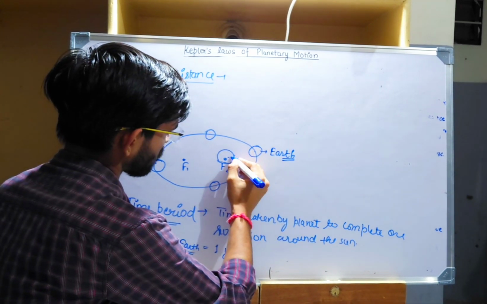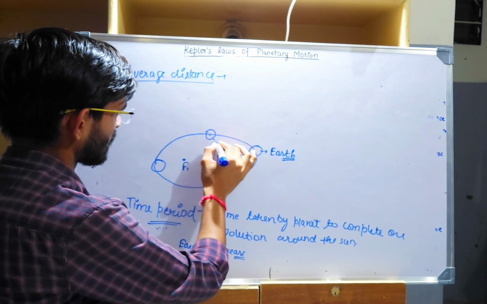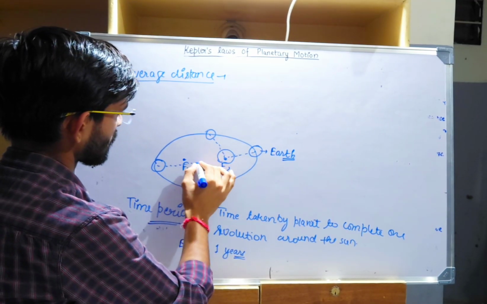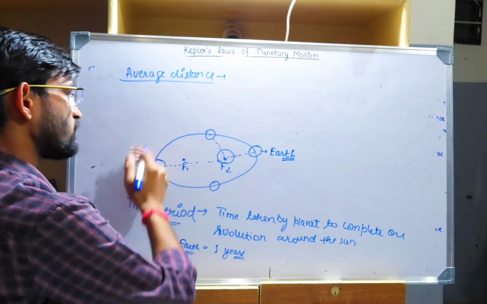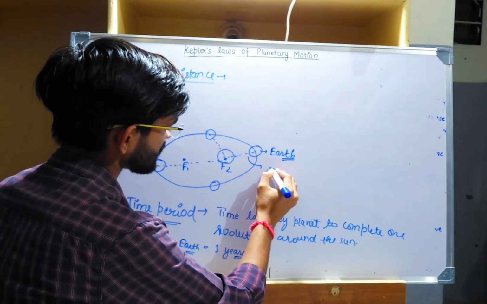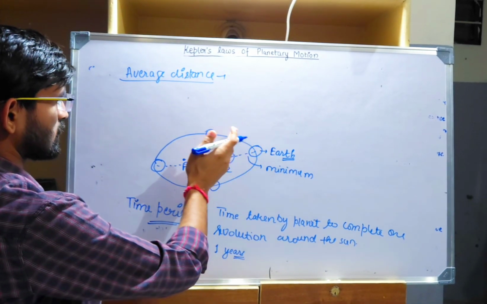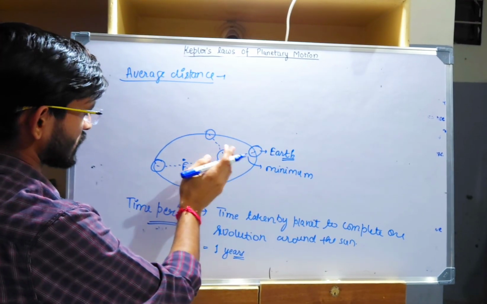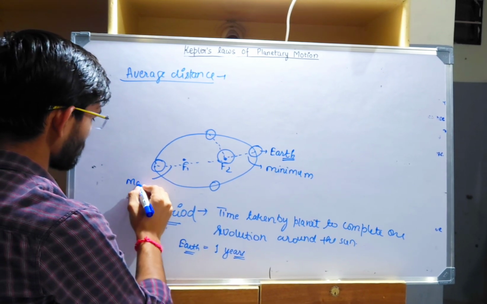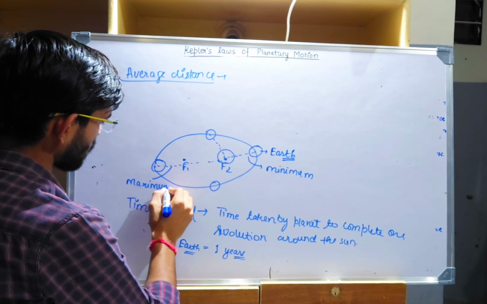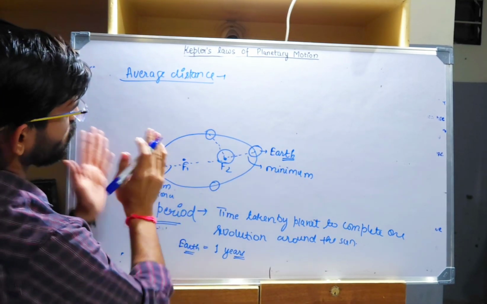Now try to think about this distance and this distance. The distance of Earth from the sun keeps varying. Here the distance is minimum, and as it goes away from the sun its distance increases up to this point. This is the maximum distance of the planet from the sun.